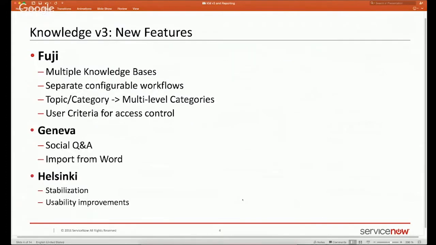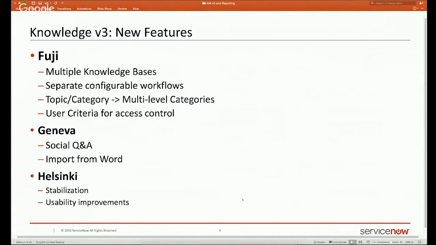So what are the new features in Knowledge V3? I'll talk about it by releases. So with Fuji, we introduced the concept of multiple knowledge bases. The idea is that different groups within your organization, let's say security or operations or install base, will have different sorts of content that they're going to write and different people that they're going to write.